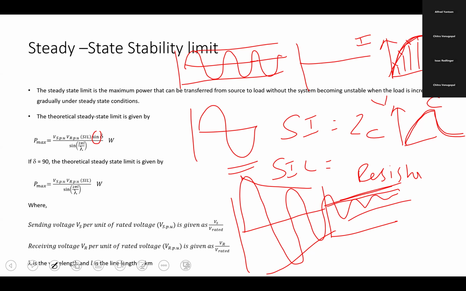Once the torque is matching with the machine's torque, then it will start to stabilize. So that's why the voltage or the current will be going like this, and it is allowed.